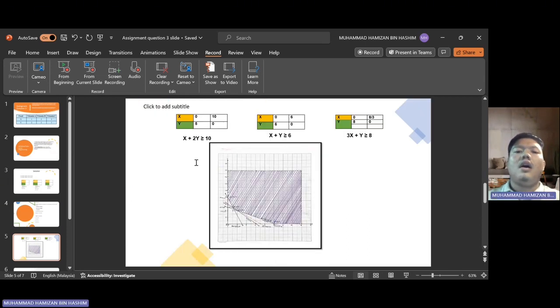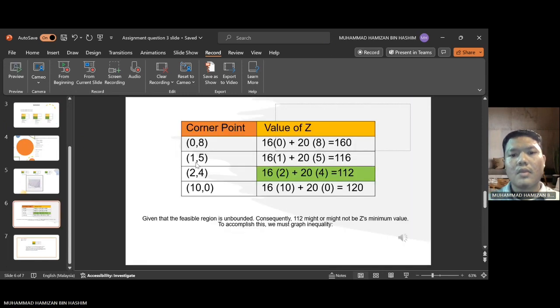Here we have 3 constraints, so I put a table to know the values of the x and y axes. As you can see, the graph shows the feasible region. The shaded area is the feasible region.